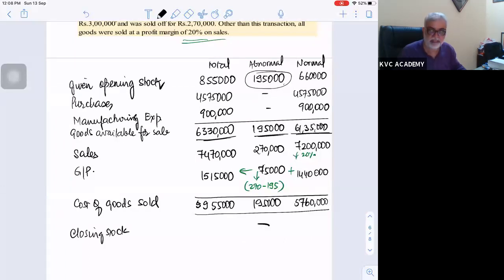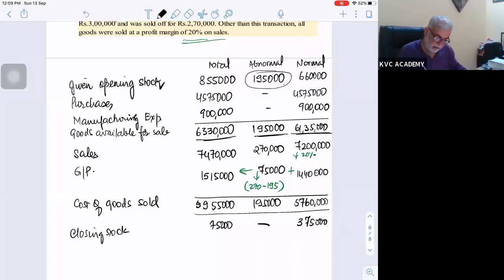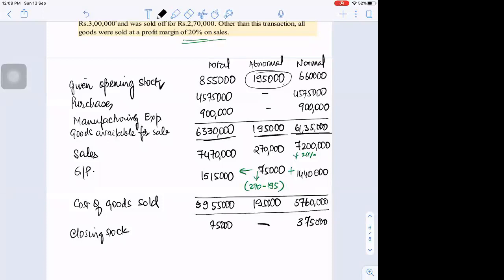No closing stock of this remains, only this one. That is 3 lakh 75,000.